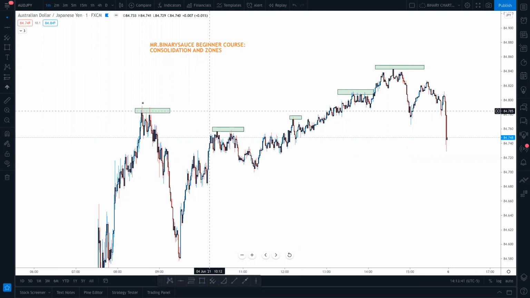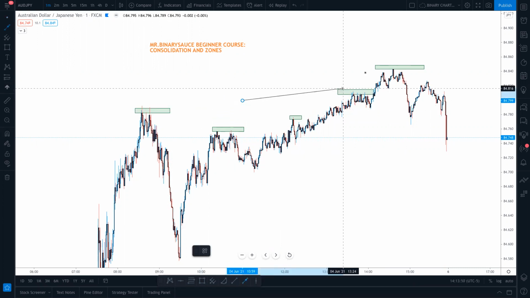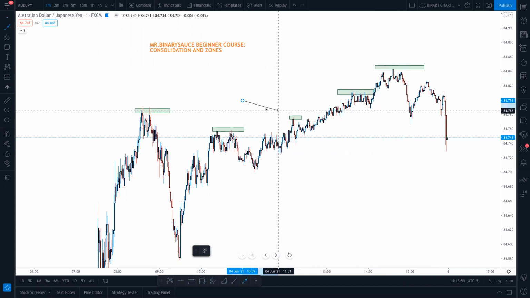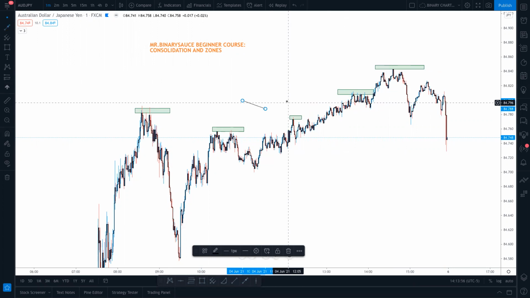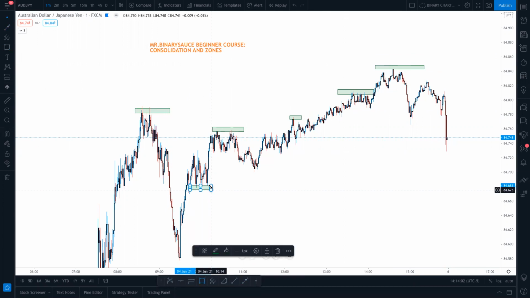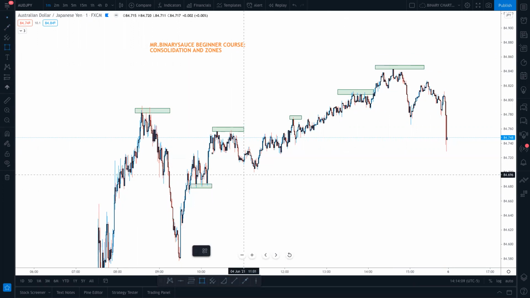Okay. As you see here with our zones, I've previously placed them all over higher highs. Now let's place them on the lower lows. I drew it here on this lower low.